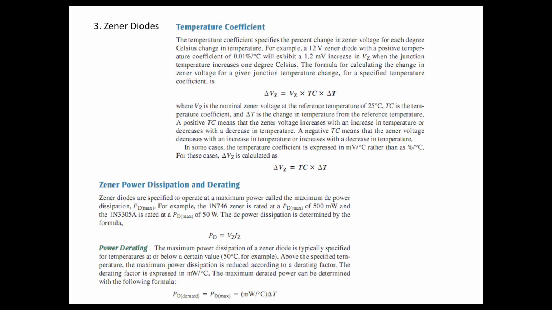We express it as a percentage per degree centigrade increase. What will be the increase in voltage? That is how we express it, and we call this the temperature coefficient.